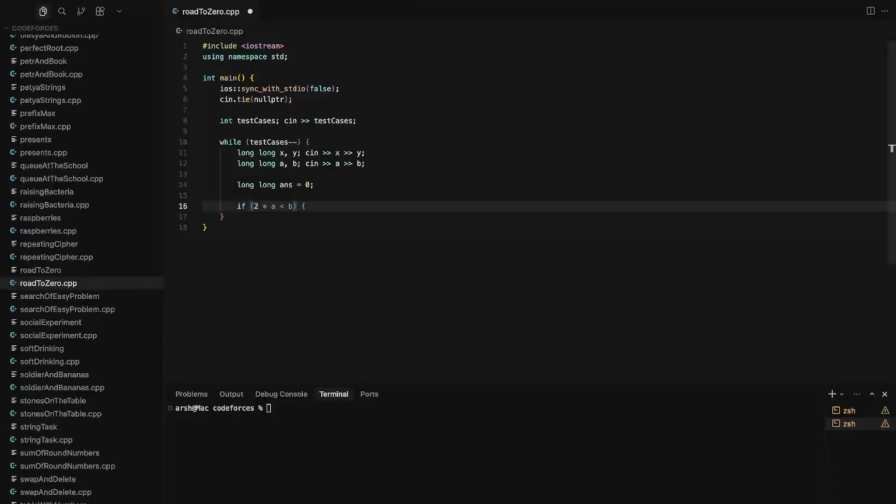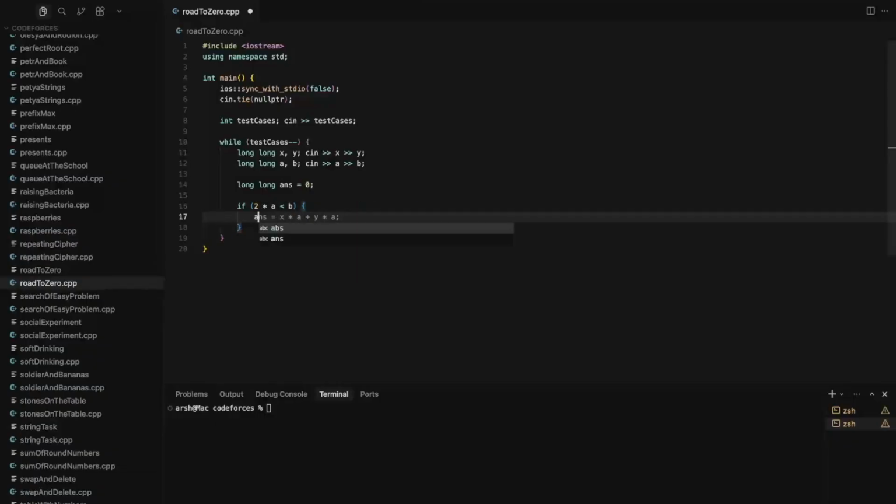If the cost of 2 times an a operation is less than performing b once, we will simply make our answer x multiplied by a plus y multiplied by a. We can also shorten this by taking a common, but you get the idea.